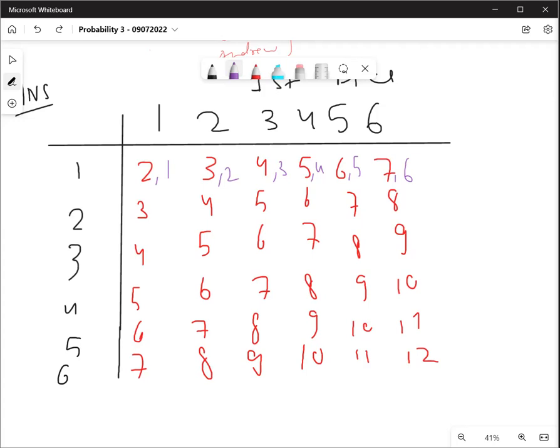I don't have the ruler right now, so my lines are a bit asymmetrical.